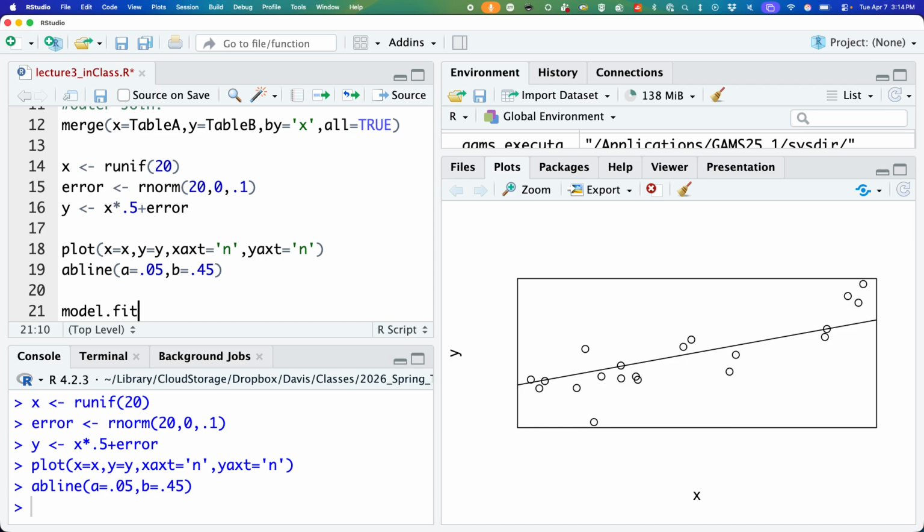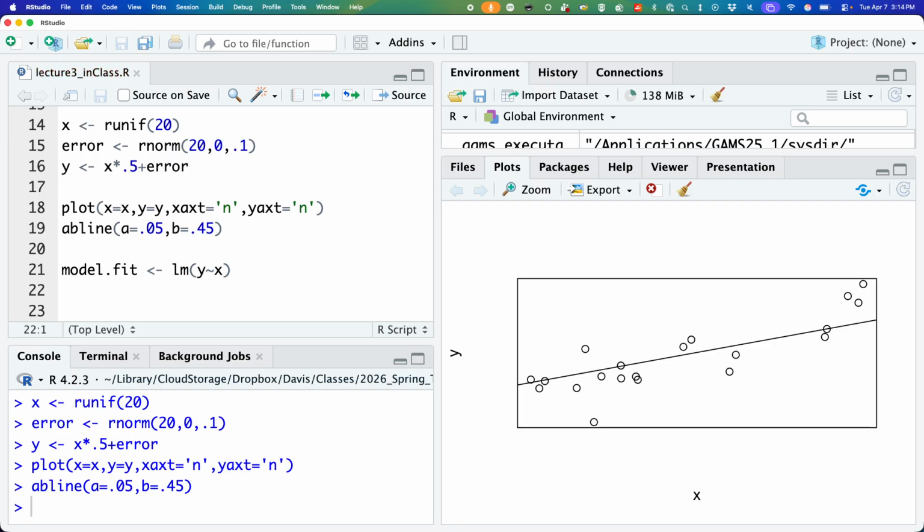Okay, so how do we actually run the regression? We use a function called LM, which stands for linear model, and we are regressing y on x. Okay, so that is the terminology that we use.